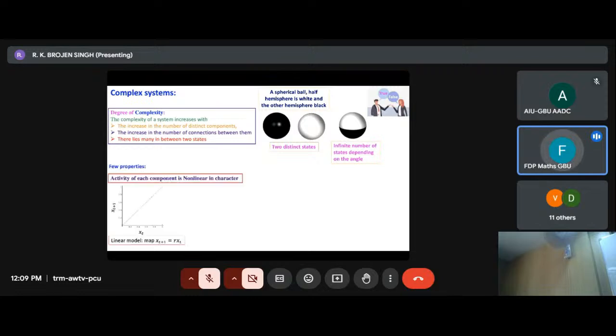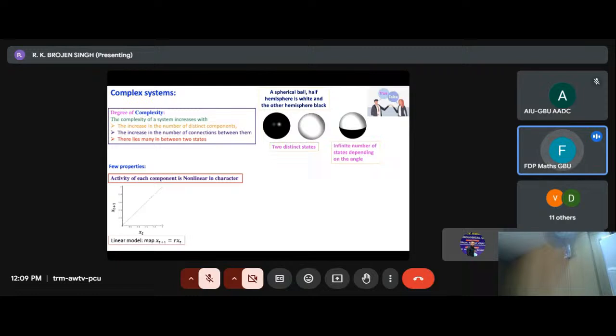One of the most important properties of a complex system is that individual components have non-linearity. Because of this non-linearity, the system can evolve in very peculiar and very interesting ways. For example, a linear system is called a map: x_{t+1} = r x_t.